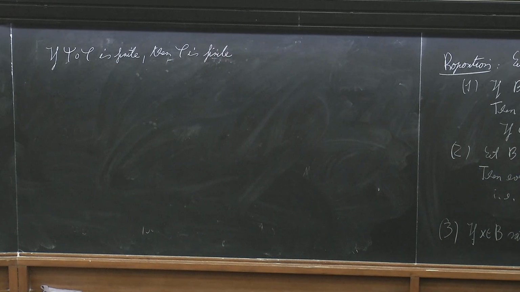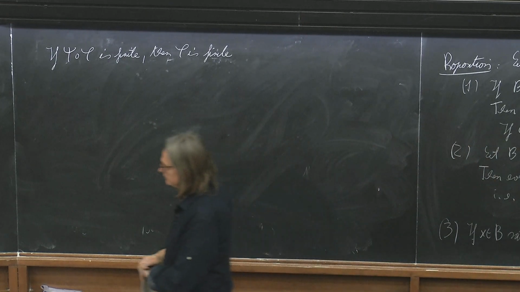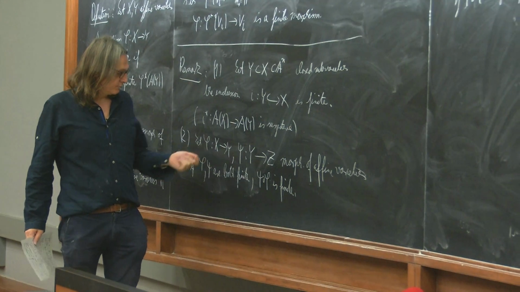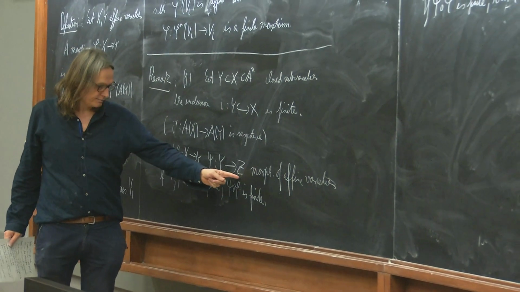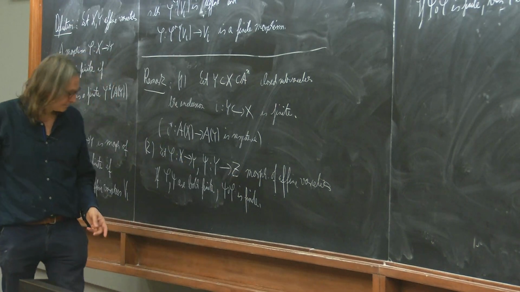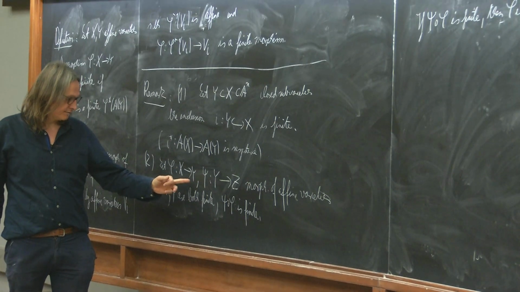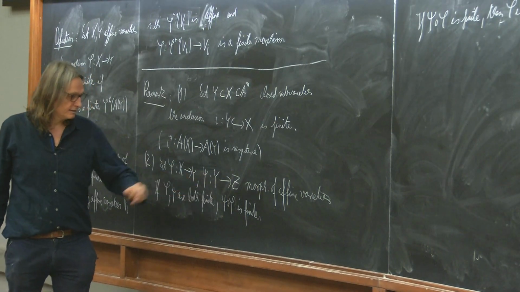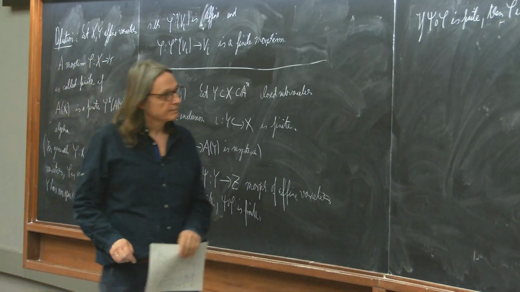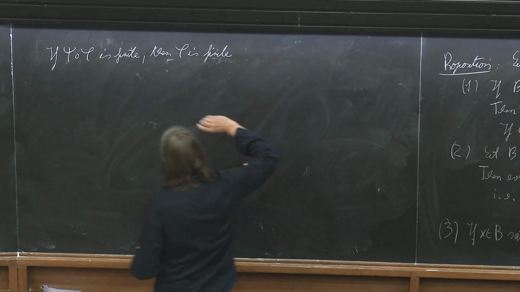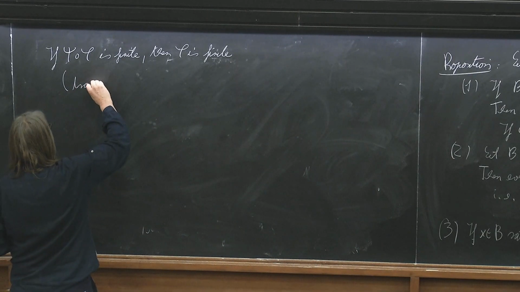If C is finite over A, then C is finite over B. Because here we have that AX is a finite C composed with phi star of AZ algebra, then it is also a finite algebra over phi star of AY, because this one was finite. Okay.